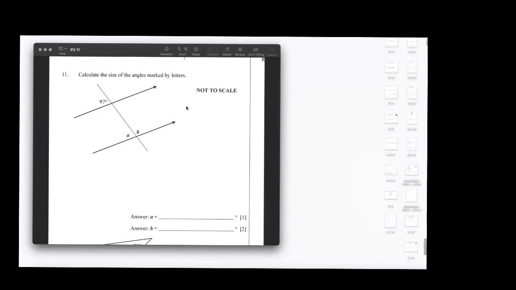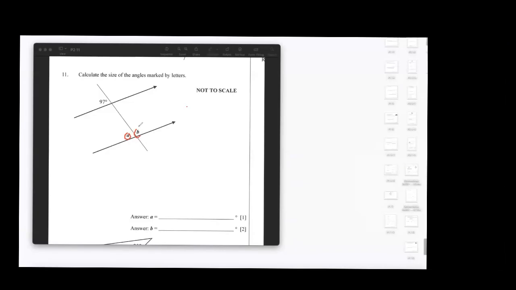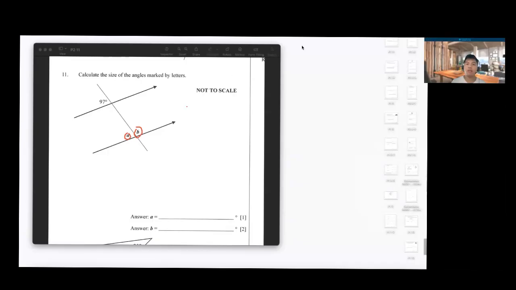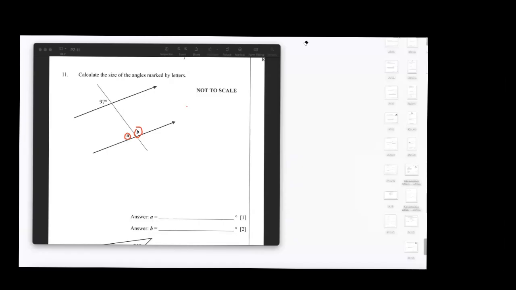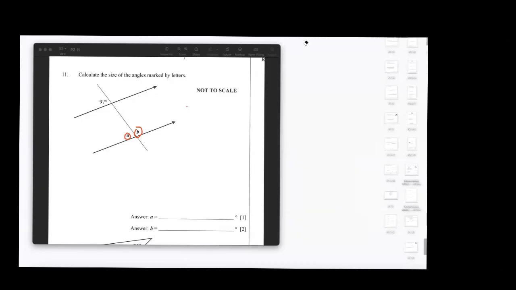Think of the degree, the angle. Yeah, we're trying to find A and B. What's A and B? B is 97 because they are in the same spot.